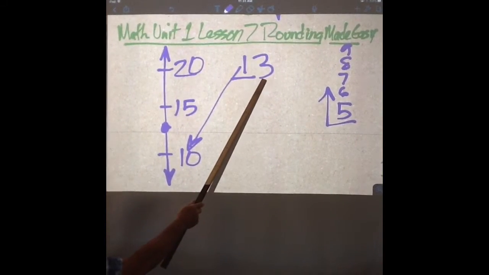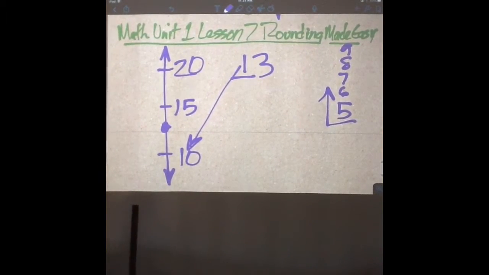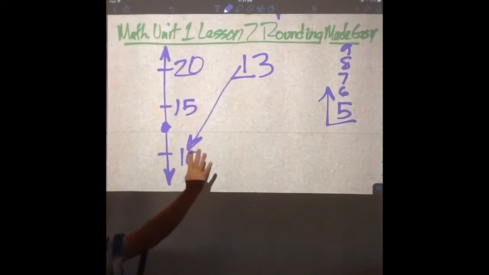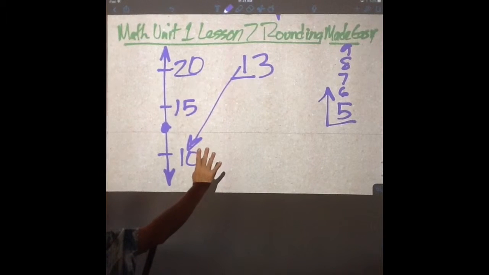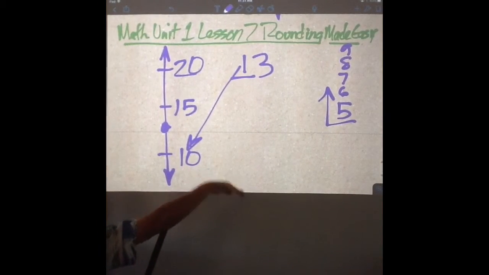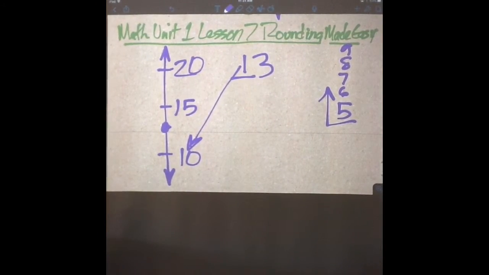Is this 3 a 5 or more? No. So we're going to round down. And we do it this way. 4 or less, we round down. Okay. So what is our rounded number? 10.